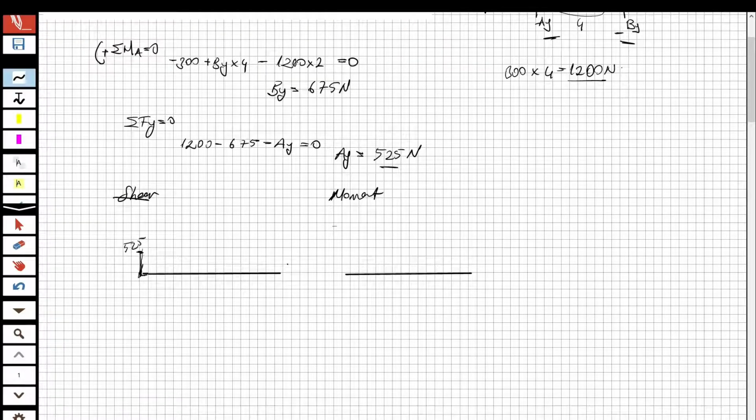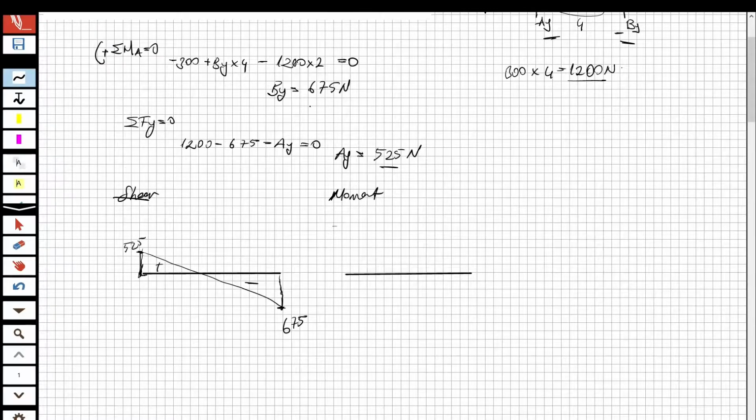Now I'm going to show you. What is the force? 1200, right? So I'm going to apply 1200, and I'm going to reach, for example, this point, which is going to be 675. Now I obtain the shear diagram.